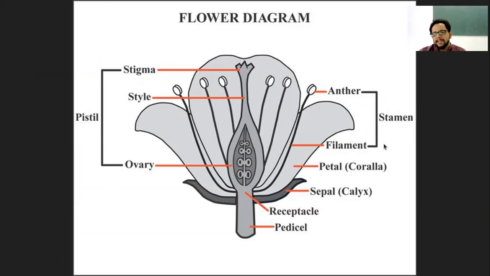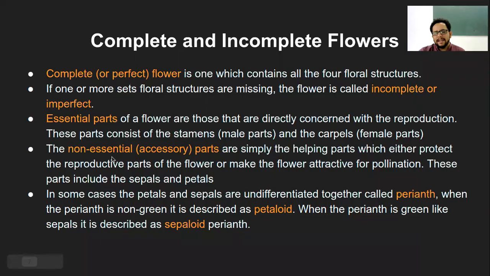If any of these is missing: corolla missing, that is rare; calyx missing, quite common; stamen missing, again a little rare; and the pistil again a rare thing, because unisexual flowers are fewer in number compared to bisexual flowers. So if any one of these four parts is missing, that will be called an incomplete or imperfect flower.